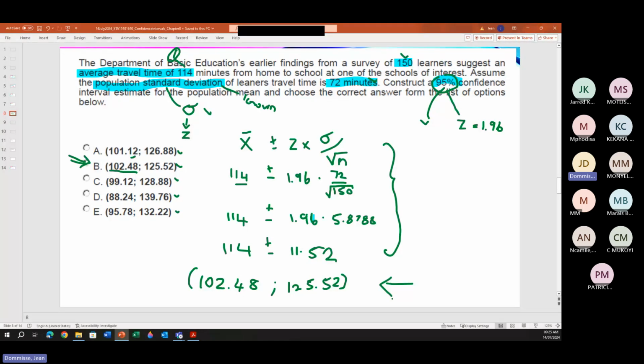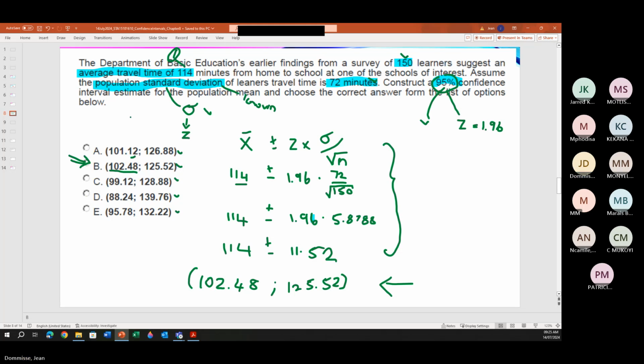One will be population, the other one will be sample, or they might just say the standard deviation is unknown. So we will see in the next few questions how they phrase it. For this one, they talked about population standard deviation, which is a clue for us that the standard deviation is known.